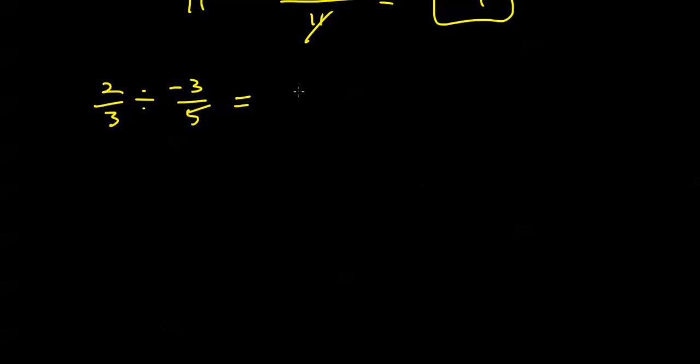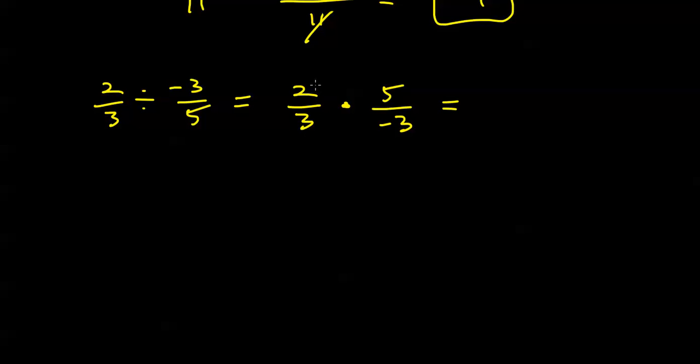Essentially what we do is invert the divisor fraction, here it's minus 3/5, and convert it into a multiplication problem. So in the large scheme of things, dividing fractions is much like multiplying fractions. It's multiplying by the inverse fraction of the denominator expression.